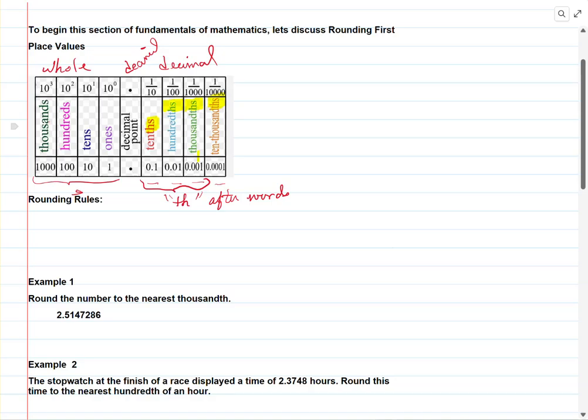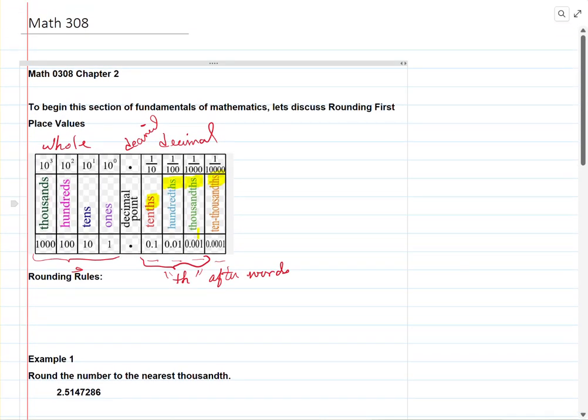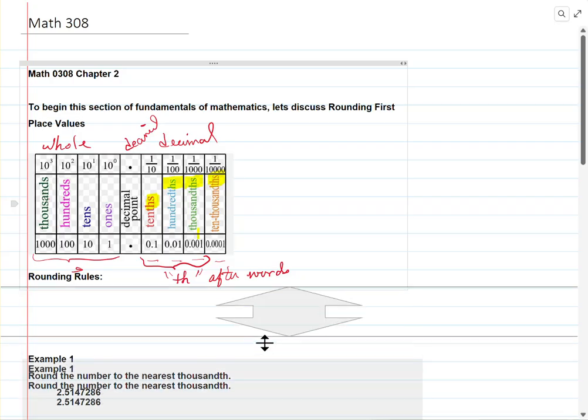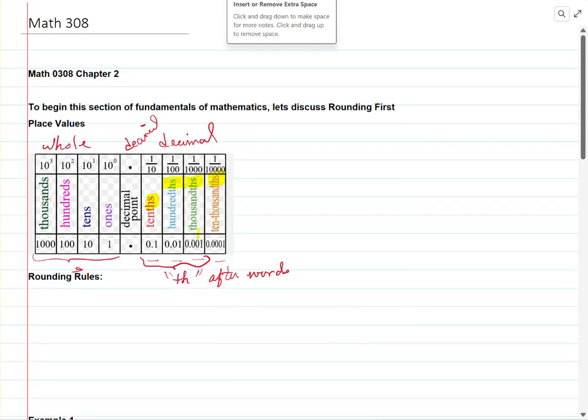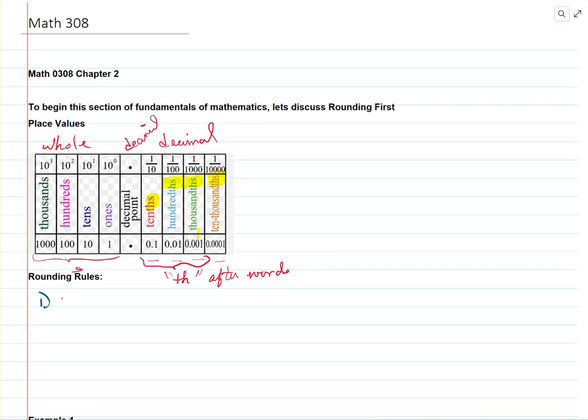All right. So now let's get to the nitty-gritty of what you need to know to be successful. And that's the rounding rules. Our first step is to locate the digit. Now, a digit is a single number in the defined place value.